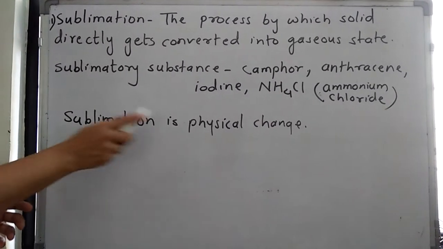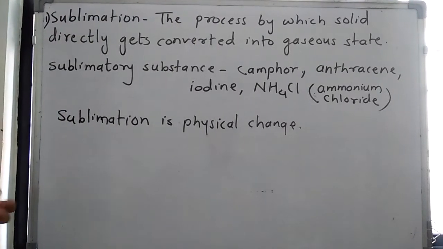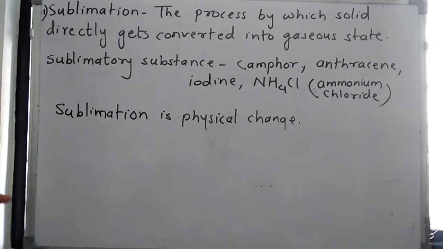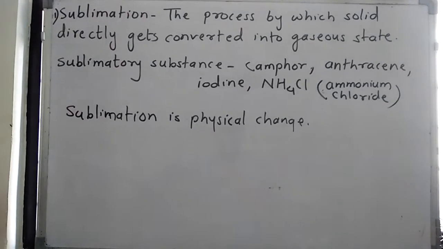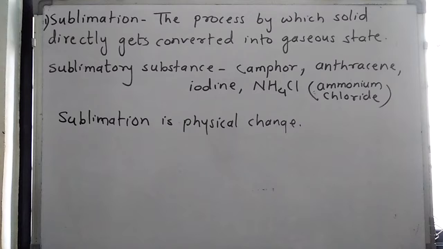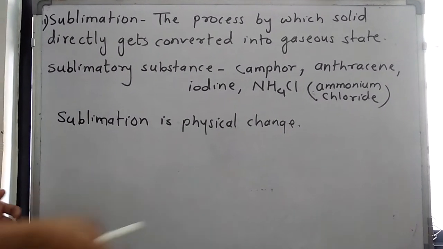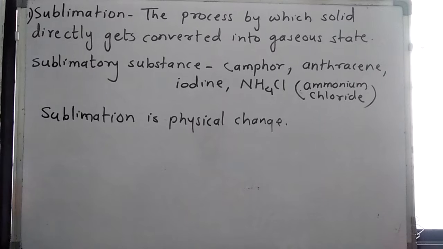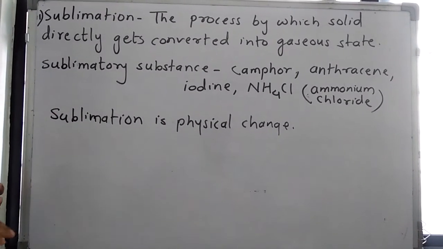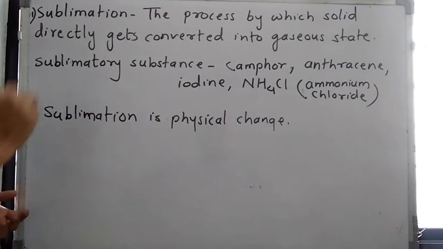But sublimation is a physical change, meaning when we cool them again, they get converted back into the original substances. Sublimation is not a chemical change. Generally students ask, when paper is burned, it gets converted into gaseous state. That is a chemical change. Sublimation is a physical change. When we heat camphor or ammonium chloride, it goes into gaseous state, but if we cool that gaseous substance, again we get the original substance.